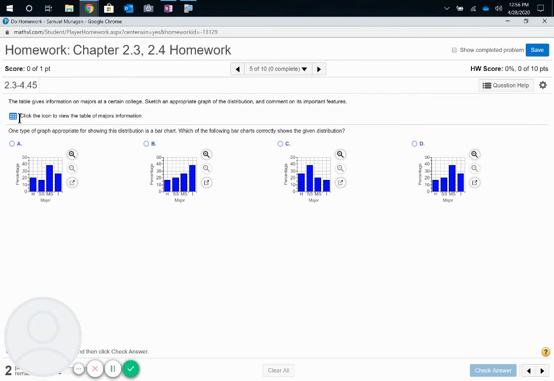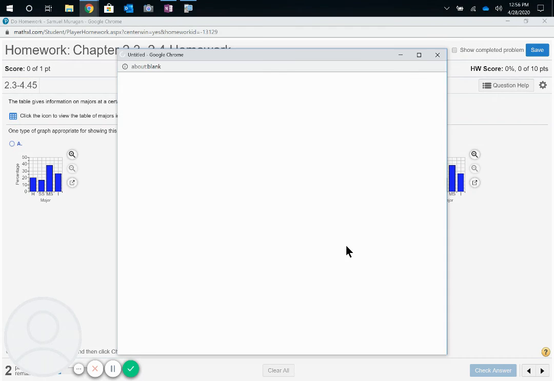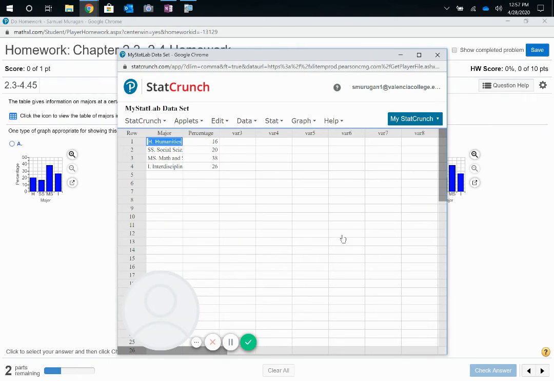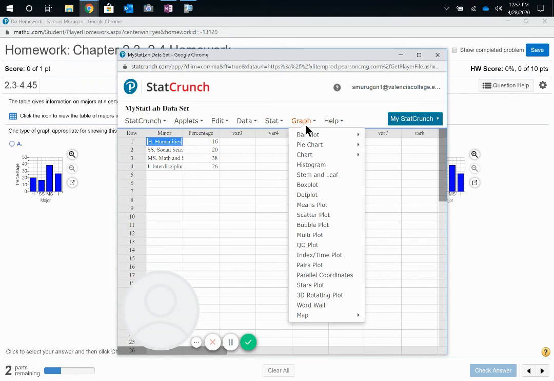I can click on the data, click on the little button over percentage here and copy into StatCrunch. And then I want to build a graph, a bar plot using summary data.